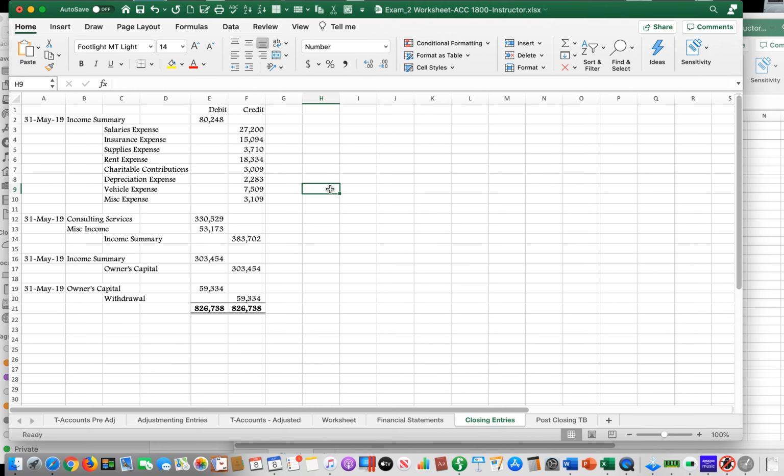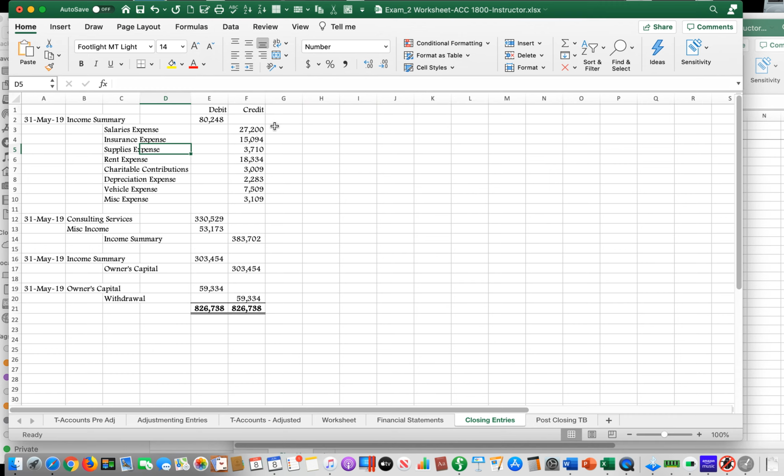In this case, I won't ask you to, for the sake of time, basically. The normal balance for expense accounts is debit, right? So to close them, you credit them for the same amount of their balance.